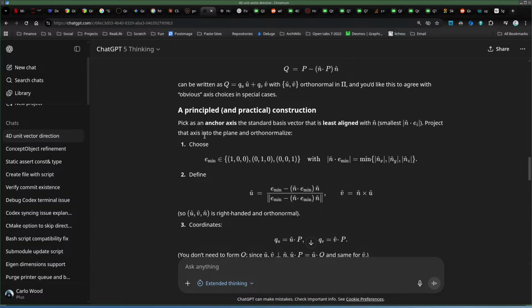Project that axis into the plane and orthonormalize.